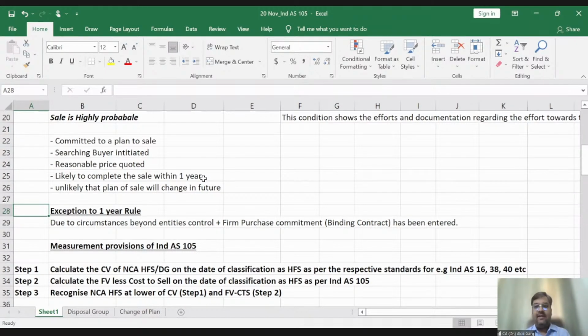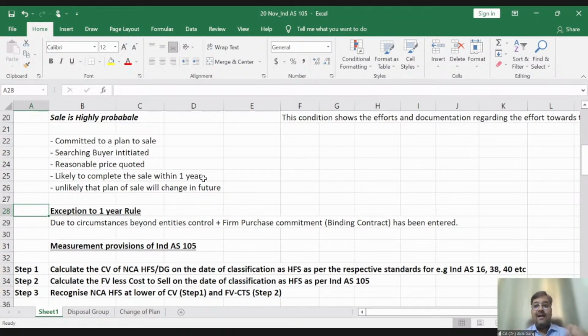For example, I am a seller and I have already entered into a contract to sell my property with Manini, and this is a firm purchase commitment, I mean a binding contract. Let's say after 1 month, when I was supposed to transfer ownership of the property, COVID came and there was a national lockdown for 3 months. In this case, two conditions are met.